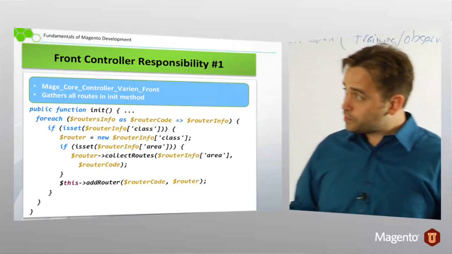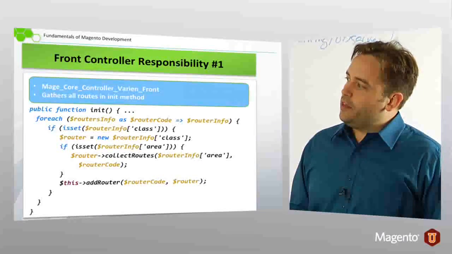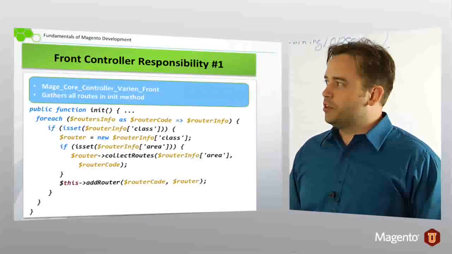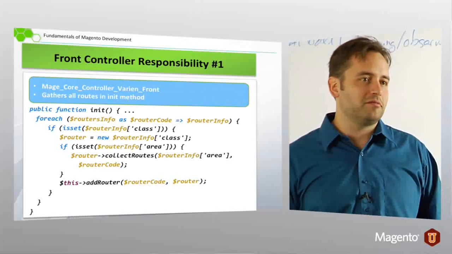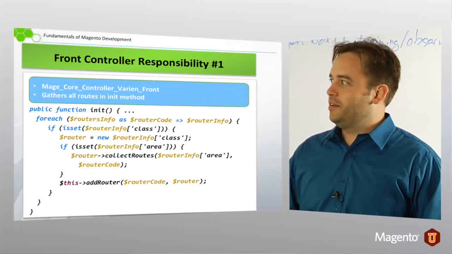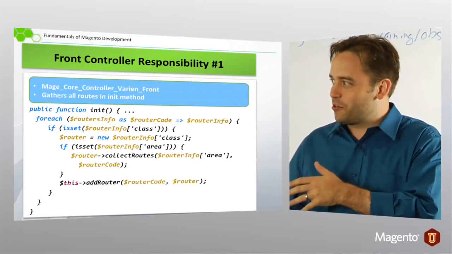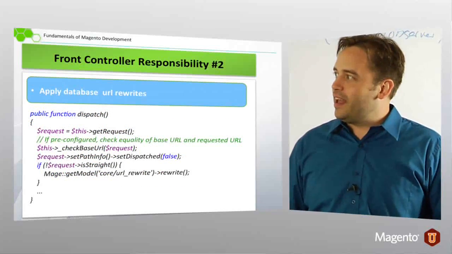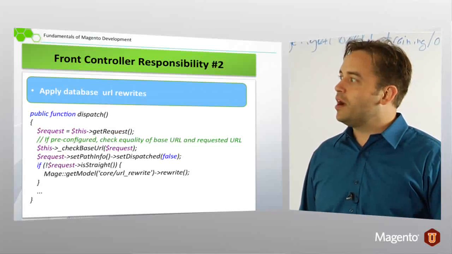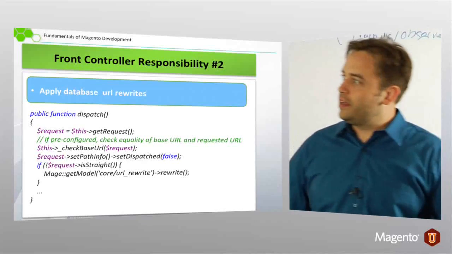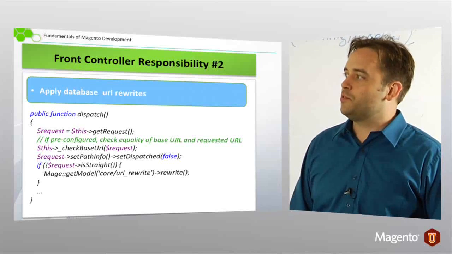So, inside our front controller, there's this init method, and what we really do is we loop through our configuration files and build out a bunch of information. Just build out this array structure and add a router that we can then use to hopefully dispatch a request. So inside of dispatch, we apply database URL rewrites.